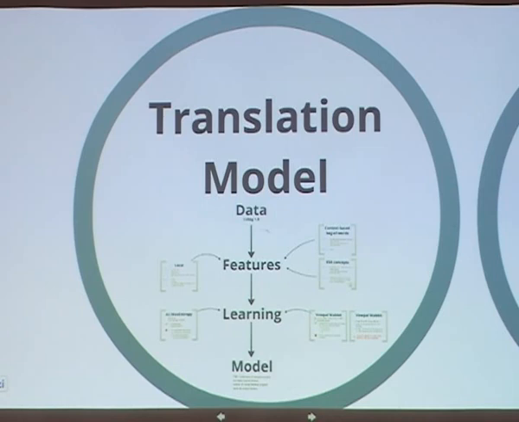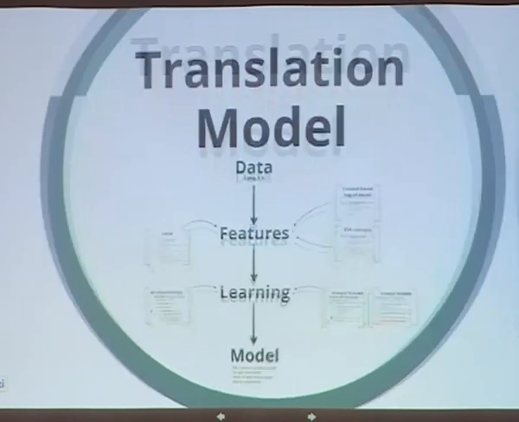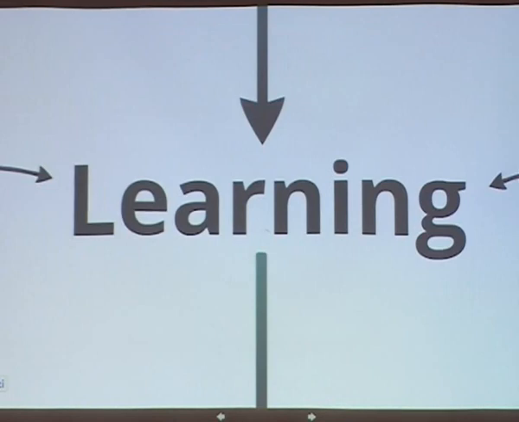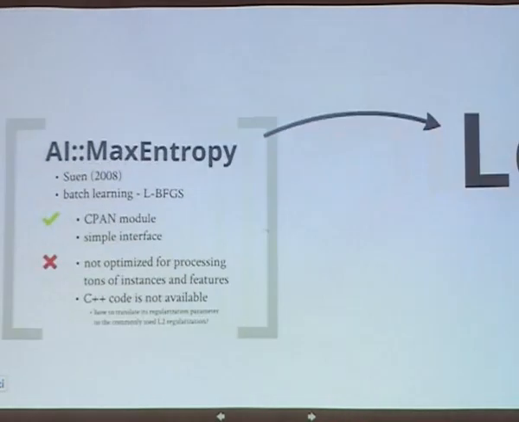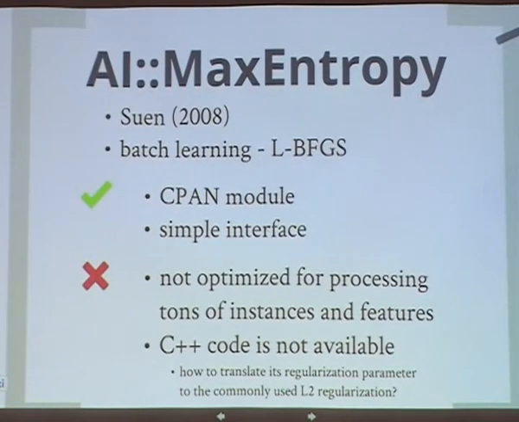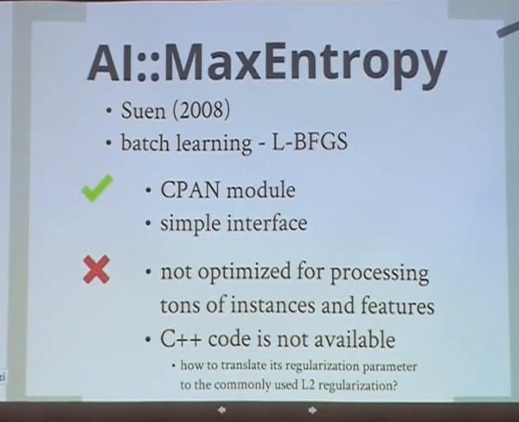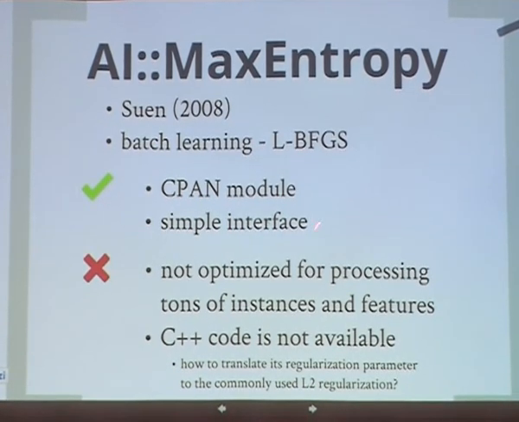Okay, so that is the translation model, and let me now introduce to you the individual parts: learning and features. In learning, until recently, we used this CPAN module, Maximum Entropy.